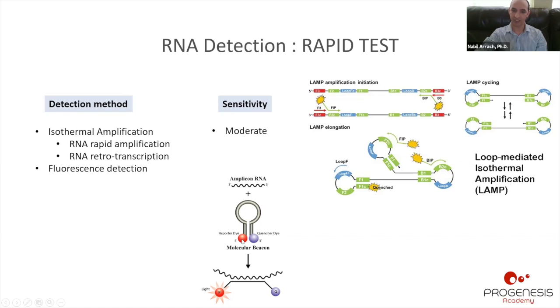You have a fluorescent dye in red and a quencher in purple. When these two are very close to each other, there is no signal. But when they are separate, the fluorescence will come. And that happens when a lot of DNA is amplified. The more DNA amplified, the more the dye will bind, the quencher will get separated, and you have more signal. That's the principle of fluorescence detection using isothermal amplification.